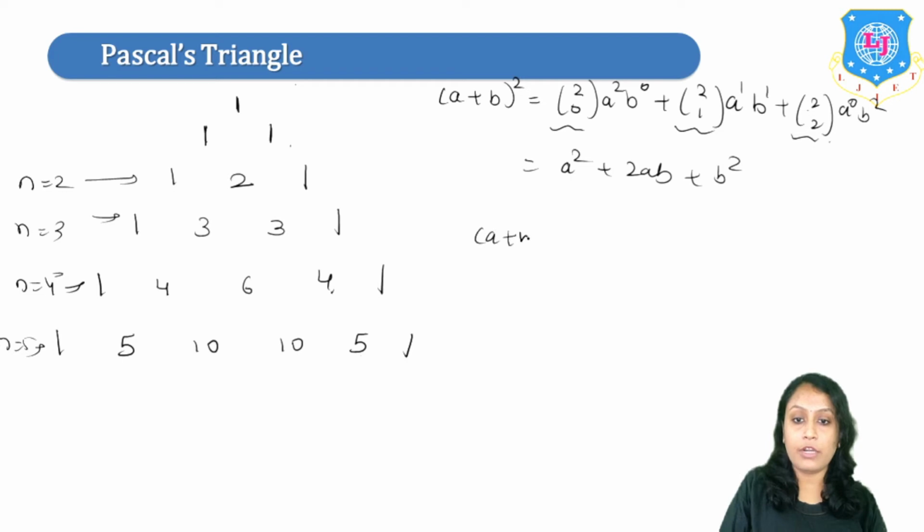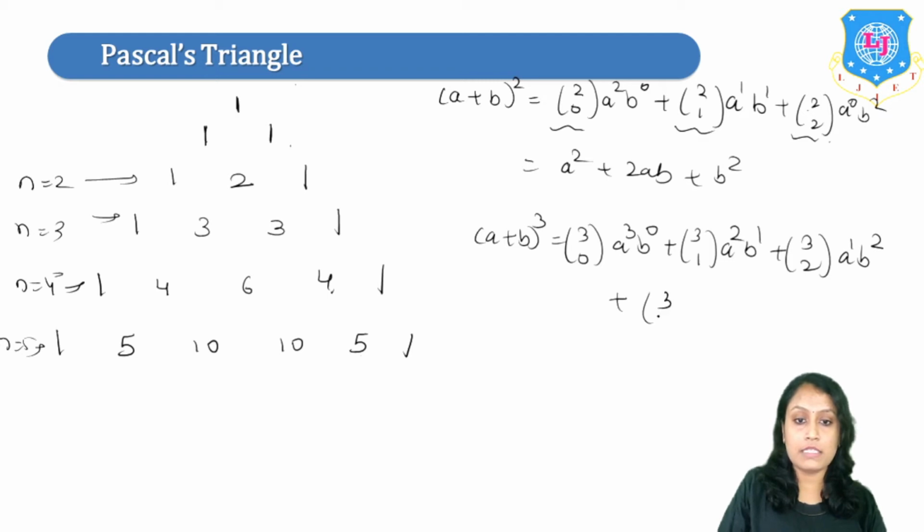Similarly, we can write for (a + b)³. It will give you 3C0 a³ b⁰ + 3C1 a² b¹ + 3C2 a¹ b² + 3C3 a⁰ b³.